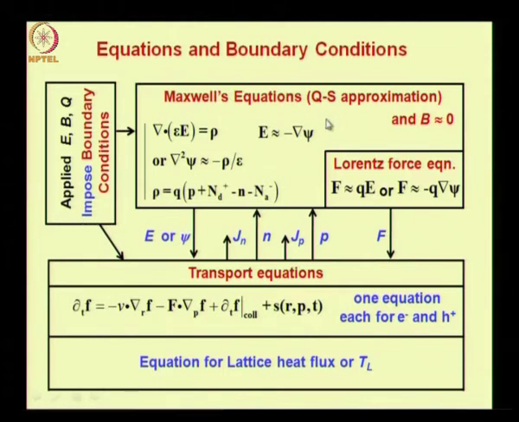Here you have the Maxwell's equations with quasi-static approximation and magnetic field equal to 0. There are two equations, E equal to minus grad psi and the Gauss law or Poisson's equation, and then you have the Lorentz force equation, which gives you the force because of electric field or potential gradient.